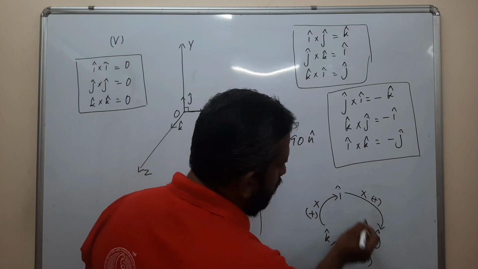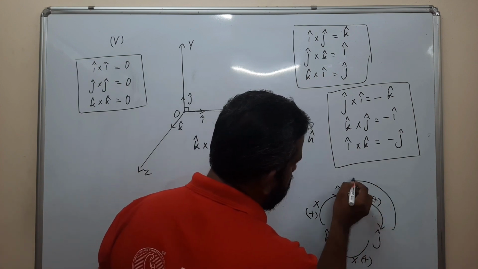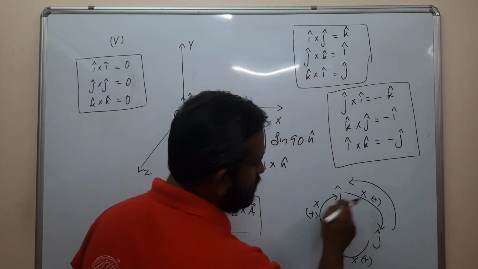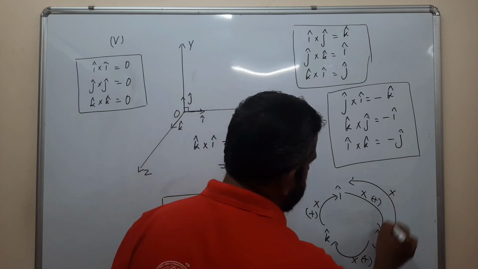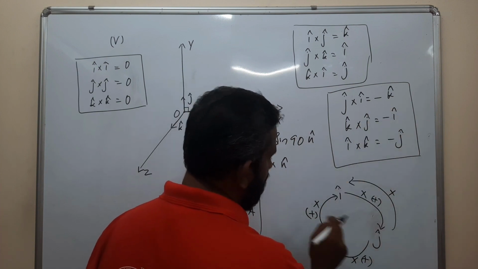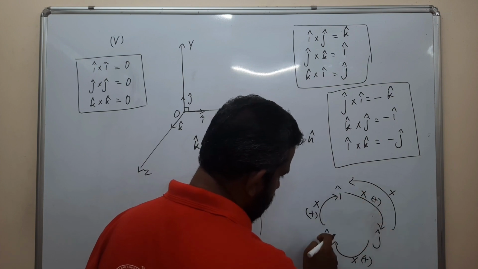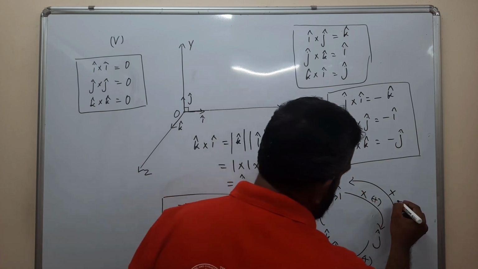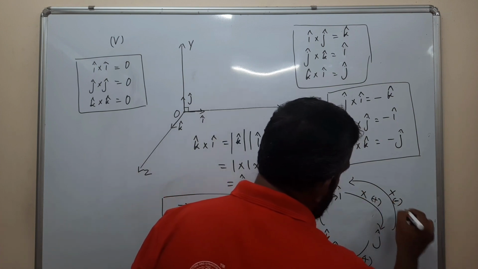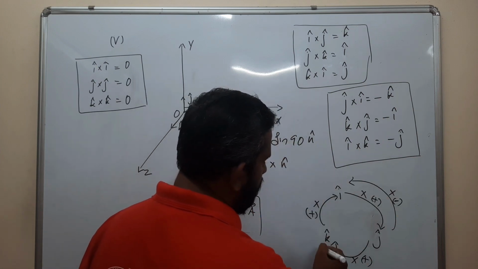J cap cross I cap, so we will get minus k cap. Here you have to put minus. It is in the anti-clockwise direction.